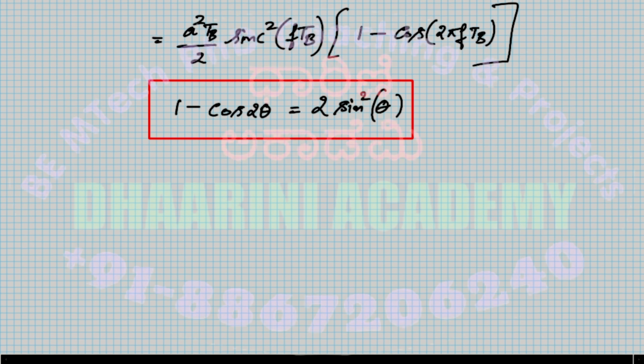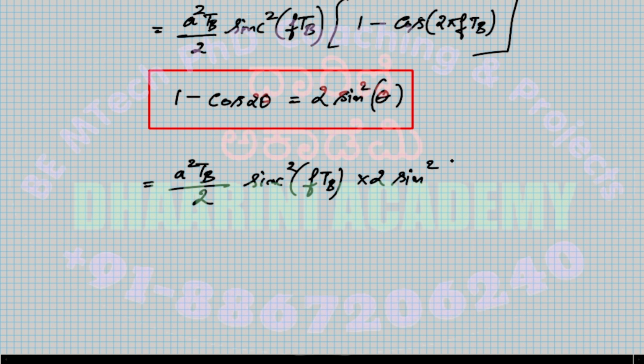This is equal to A square Tb divided by 2 sinc square f Tb into 2 times sine square of only the half of the angle. So 2 theta is there, theta is pi f Tb. 2 gets cancelled.